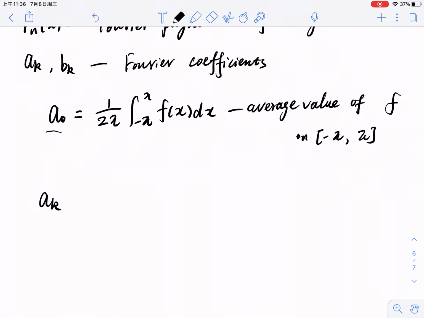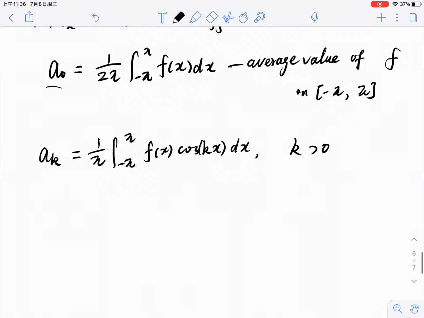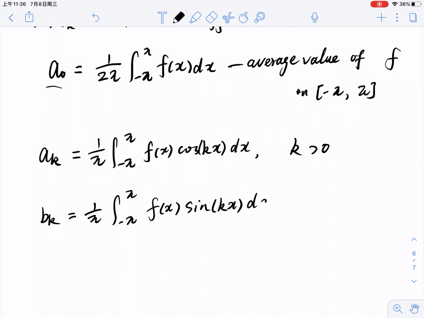The ak is 1 over pi, the integral from negative pi to pi of f(x) cosine kx dx, where k is positive. bk is 1 over pi, the integral from negative pi to pi of f(x) sine kx dx. This k is also positive.